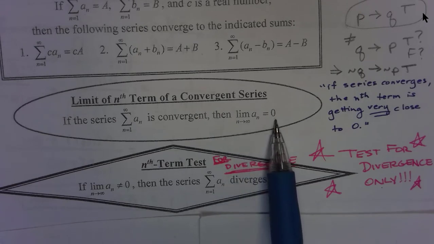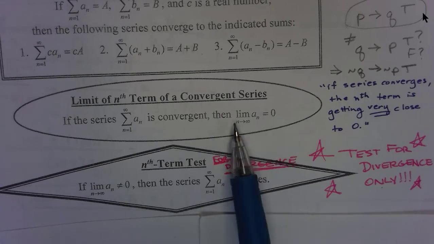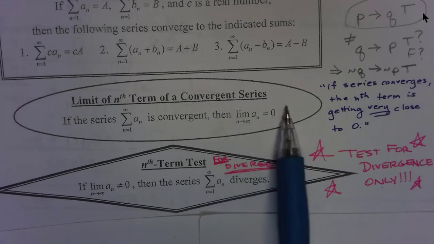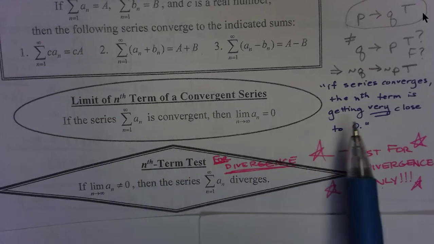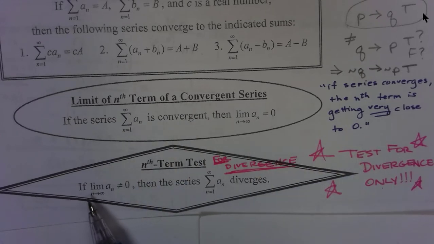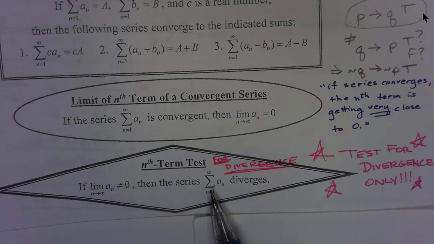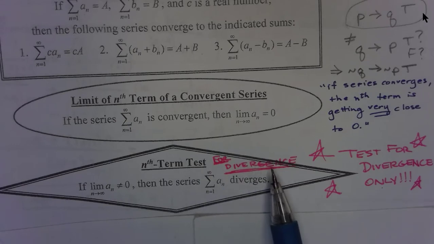So the contrapositive would say if the limit of the nth term is not zero, then the series does not converge. In other words, if the limit as n goes to infinity of the nth term is not zero, then the series diverges. This is called the nth term test for divergence.